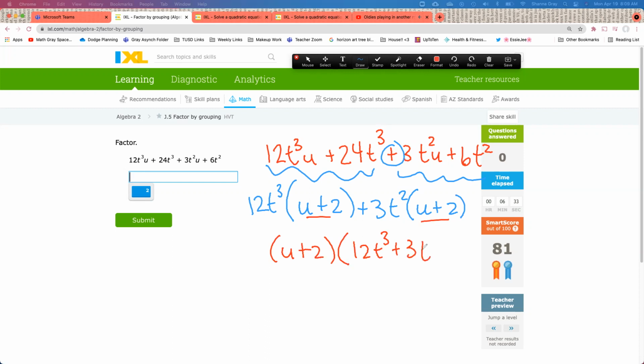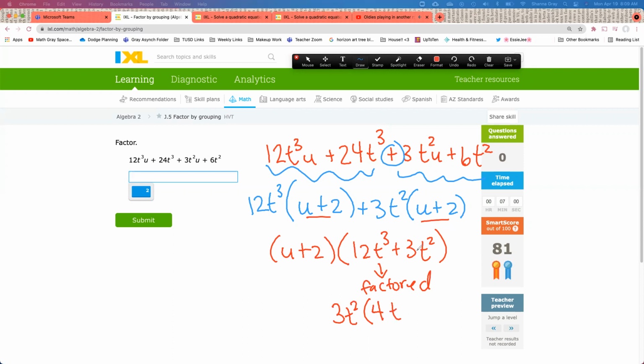Something I want to point out at this point is that if you look at that second group, do you notice how there are 3 t's in the first group and 2 t's in the second, which really means that you can still factor this? You can take a 3 out, right? And t squared. And so you end up here with 4t.